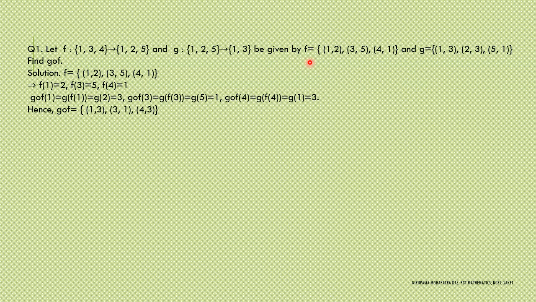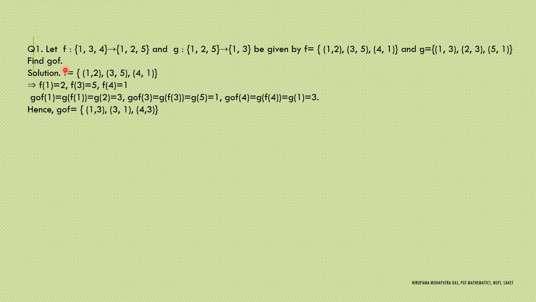We are given f equal to the set of ordered pairs (1, 2), (3, 5), (4, 1). Similarly, g is another function with ordered pairs (1, 3), (2, 3), (5, 1). So we have f(1) equal to 2, f(3) equal to 5, f(4) equal to 1. Similarly, g(1) equal to 3, g(2) equal to 3, g(5) equal to 1.